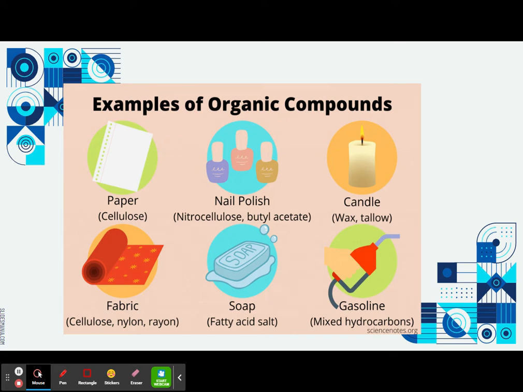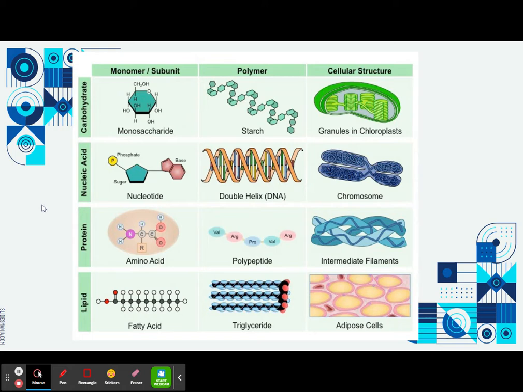All your gasoline are hydrocarbons. All your soaps are some kind of fatty acid or hydrocarbon. Most all your fabric is an organic compound. Carbon, our nylons, all organic. Paper.